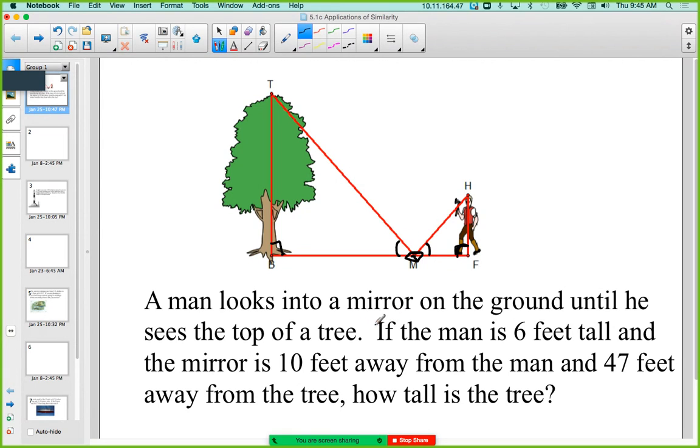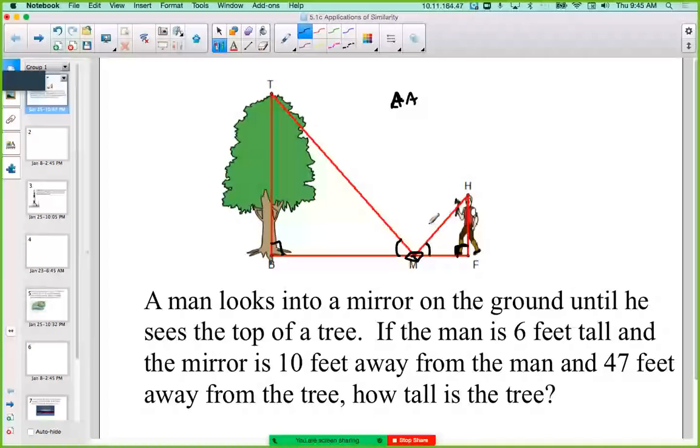Now, these two triangles are similar, and we could prove that based on angle. We've got a right angle, and we've got this elevation angle going up to the person's eyes and up to the top of the tree, which should be equal. So we have two similar triangles, which would be proportionate to one another.